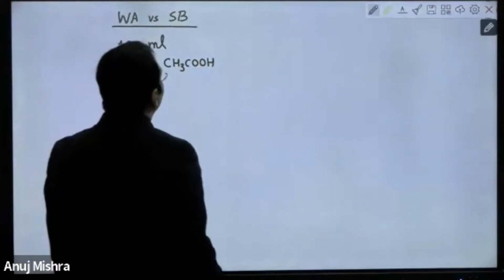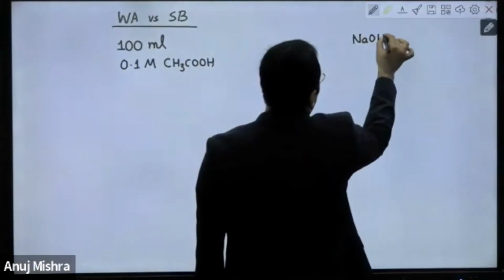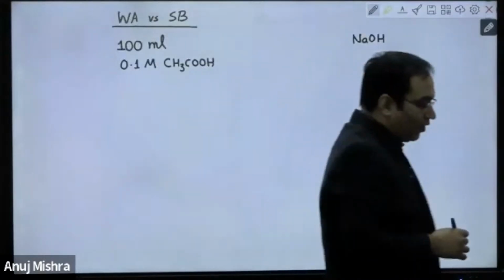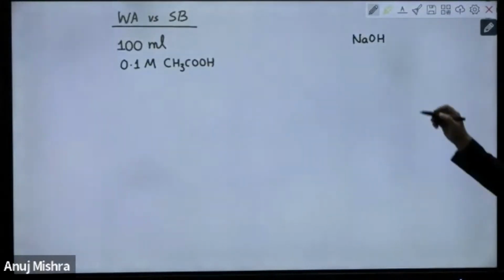And for titration, you can take the strong base sodium hydroxide. You take 0.1 molar only, 0.1 molar only.